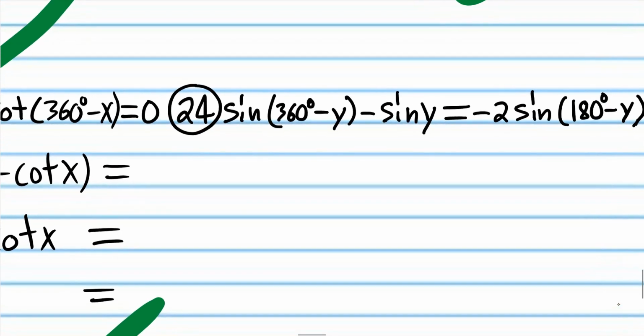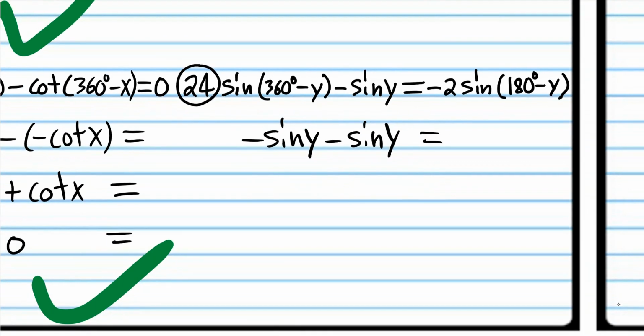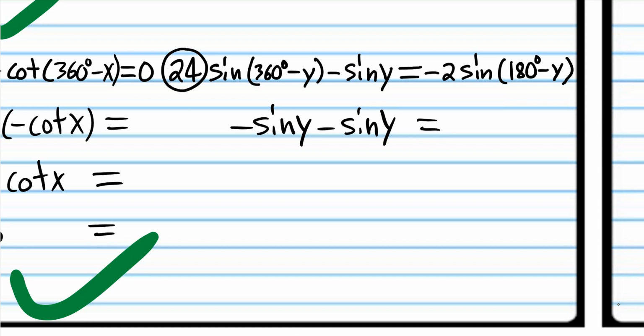Sine 360 degrees minus y. That's going to be negative sine y. And negative sine y plus negative sine y is negative 2 sine y.